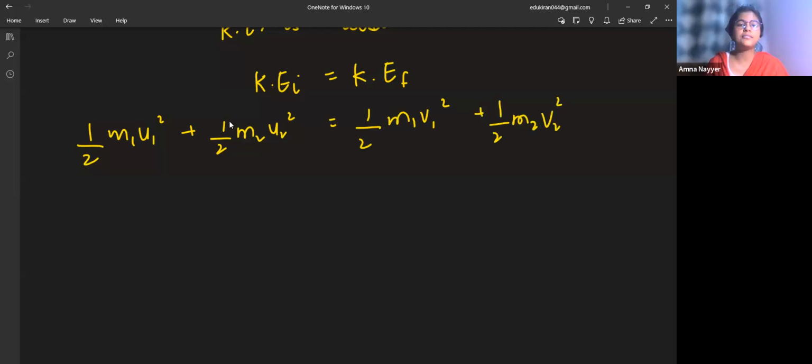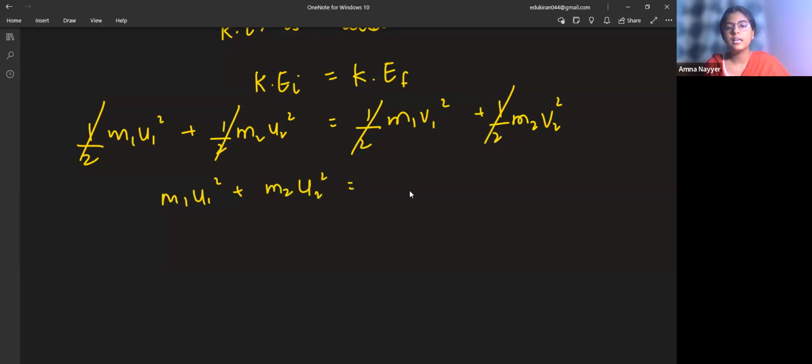Now see, half gets cancelled. What are we left with? m1 u1 square plus m2 u2 square equals m1 v1 square plus m2 v2 square, right? Now again, let's do the same thing. Let's bring all the one terms together.